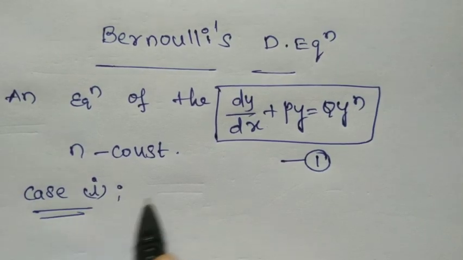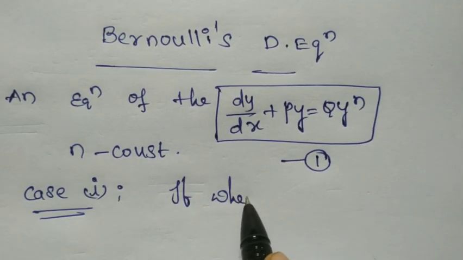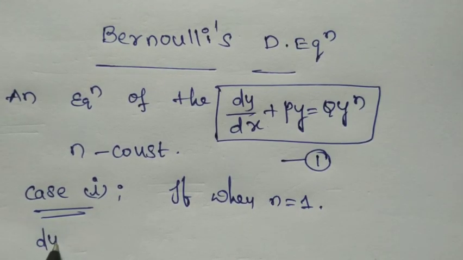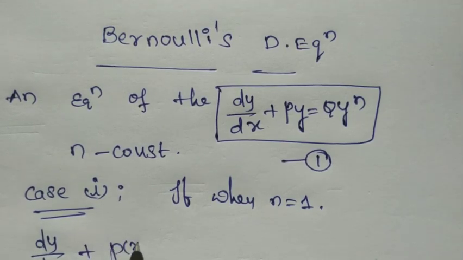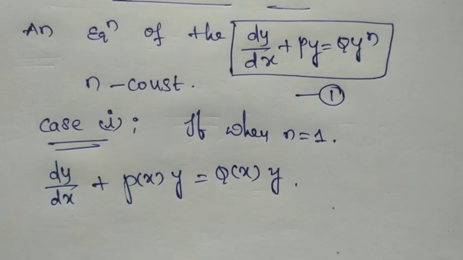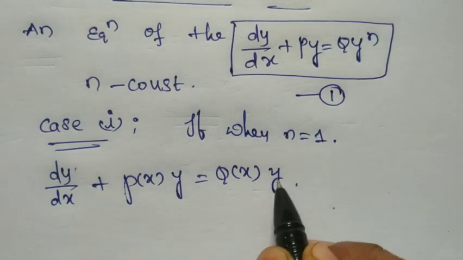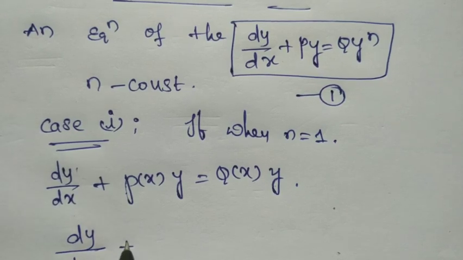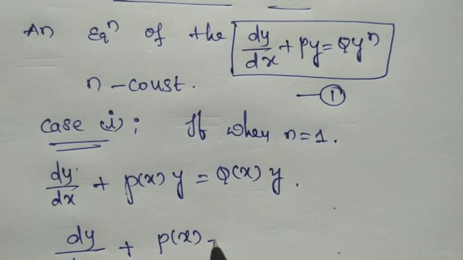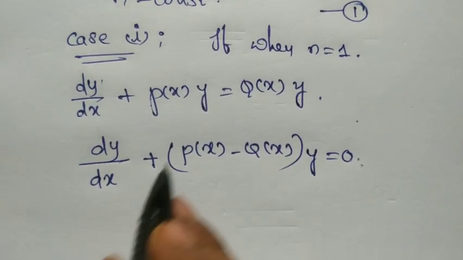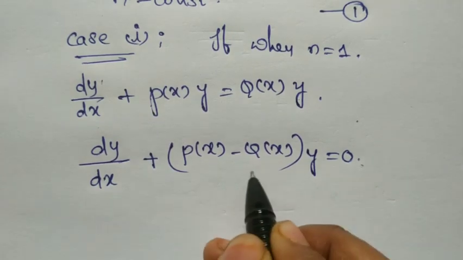Case 1, when n equals 1. So dy/dx + P(x)y = Q(x)y, a differential equation in terms of x. Here n equals 1, then dy/dx + (P(x) - Q(x))y = 0.